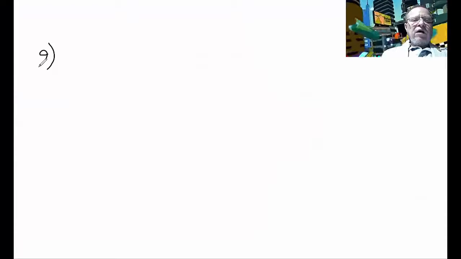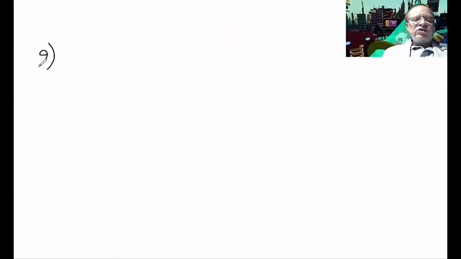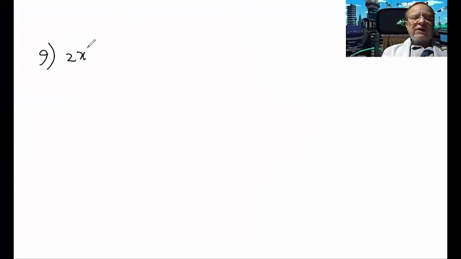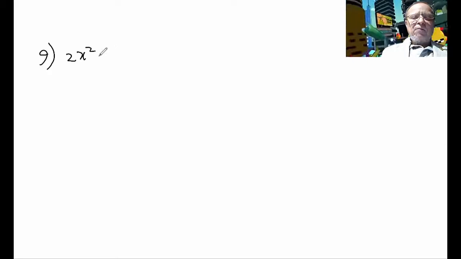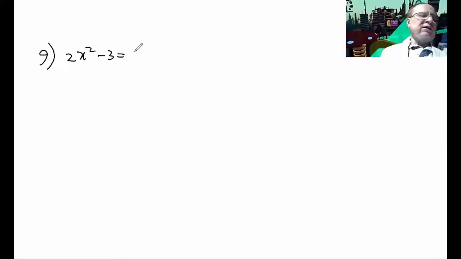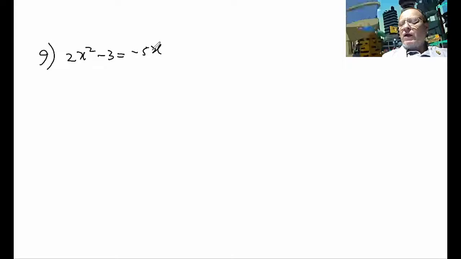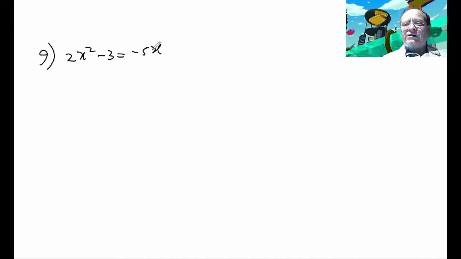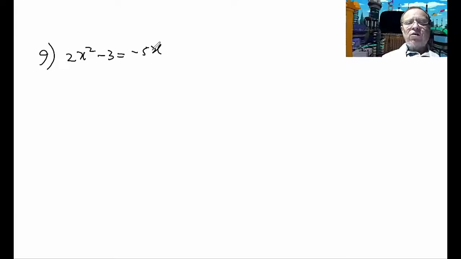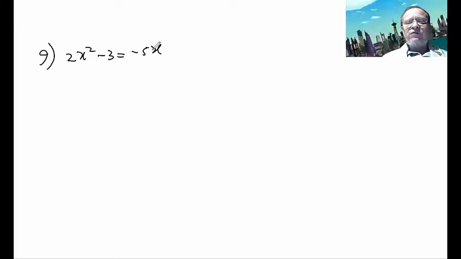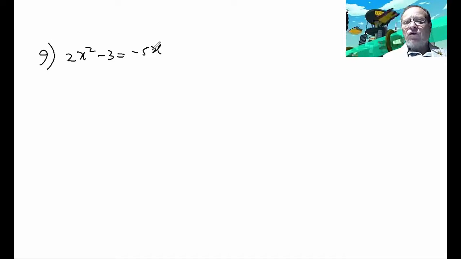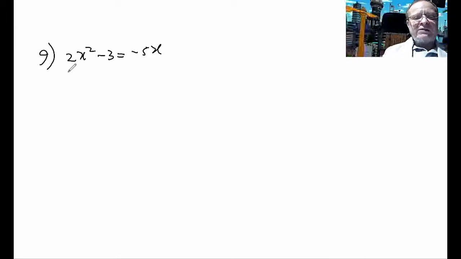In number 9, we have the situation where we have 2x squared minus 3 is equal to negative 5x. Now, if you notice, it's not in standard form. So what we have to do is bring the 5x over so we can have it in standard form.